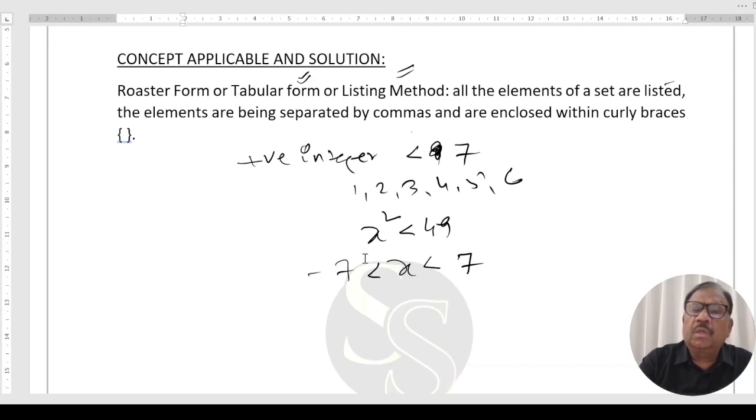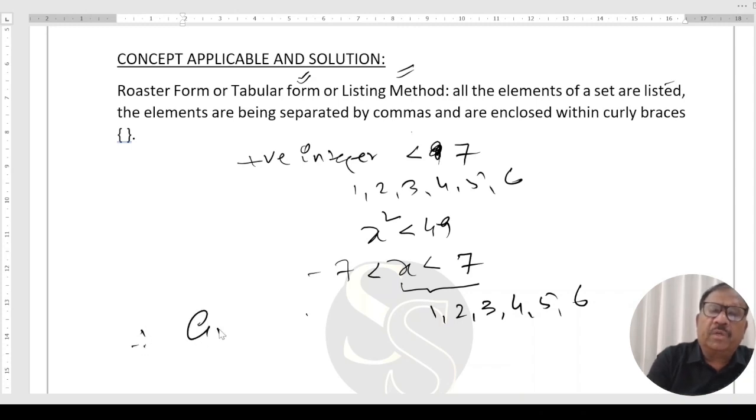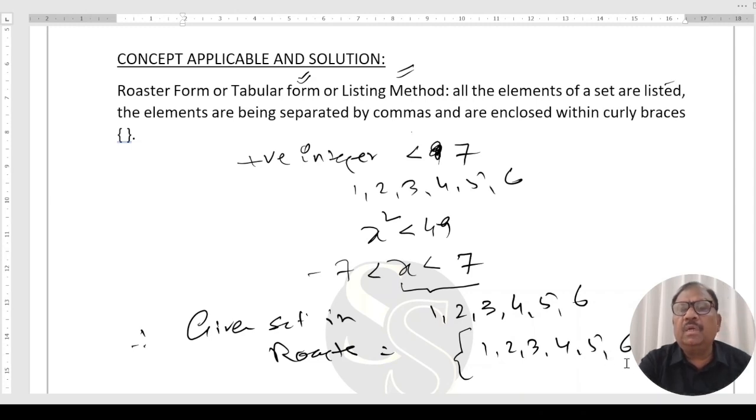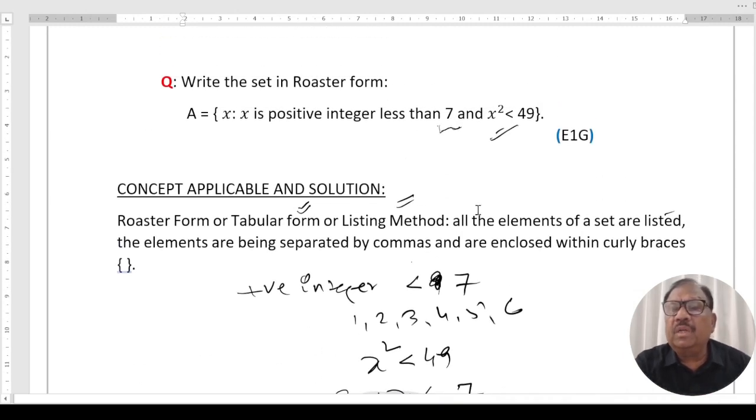Now in this case, we have to select only the positive ones: 1, 2, 3, 4, 5, 6. Therefore, the given set in roster form, or tabular form, or listing method, is 1, 2, 3, 4, 5, 6. We satisfy both the conditions: less than 7 and x square less than 49.